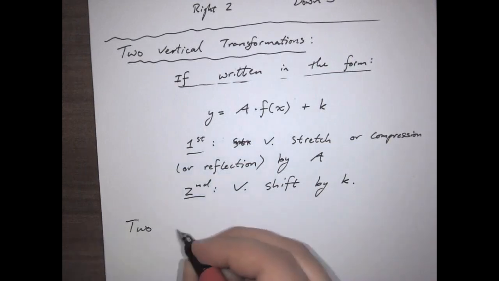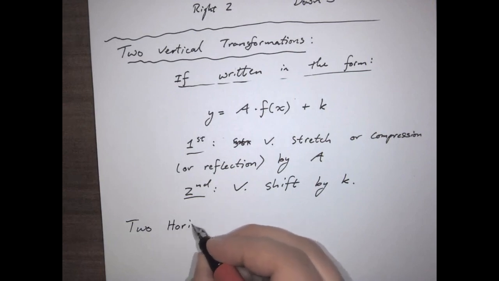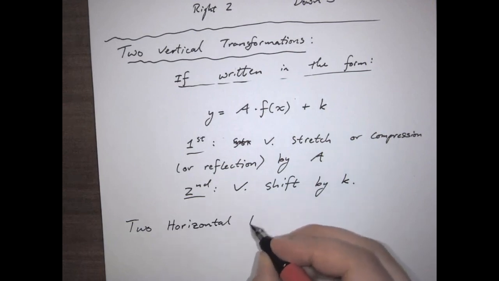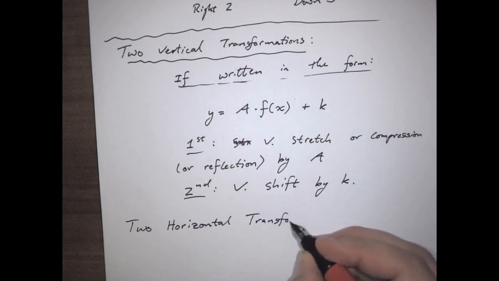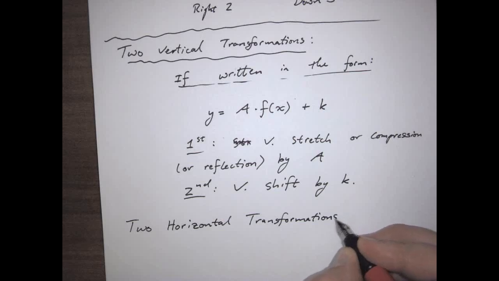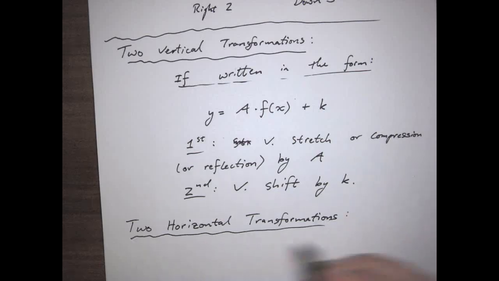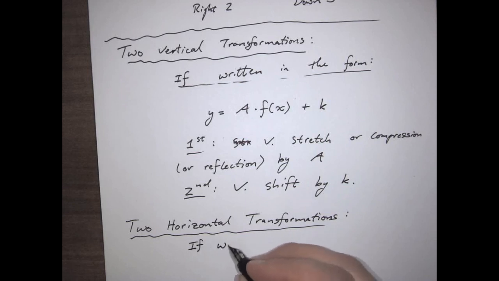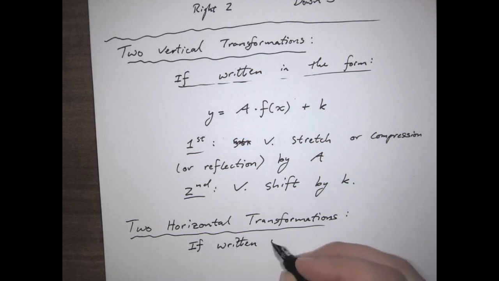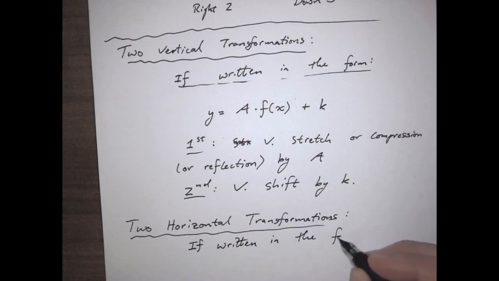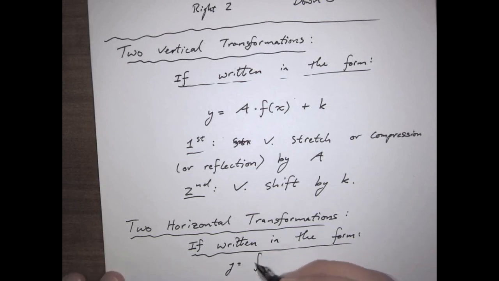And on the other hand, if there are two horizontal transformations, then if they are written in the form y equals f of bx, say bx plus h.